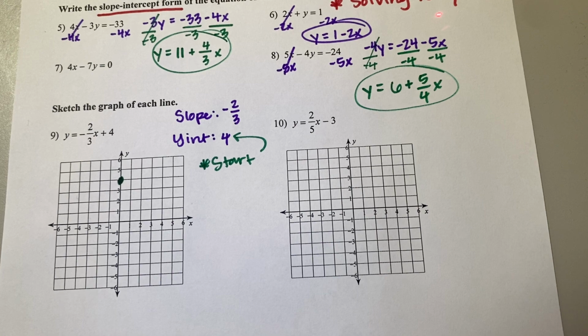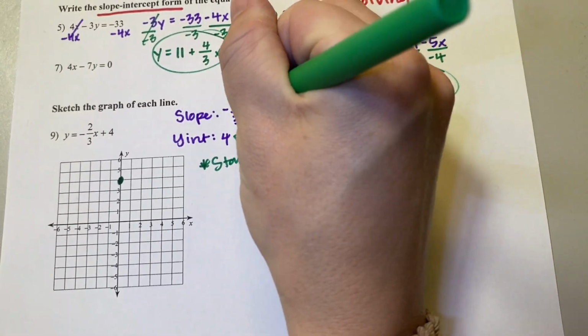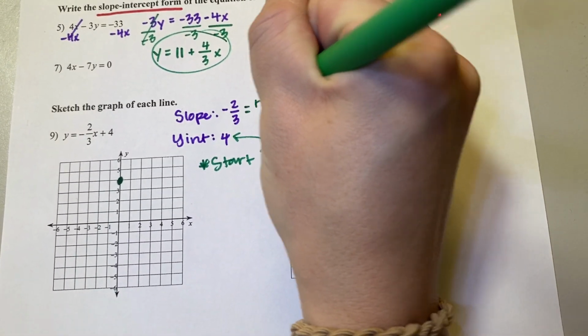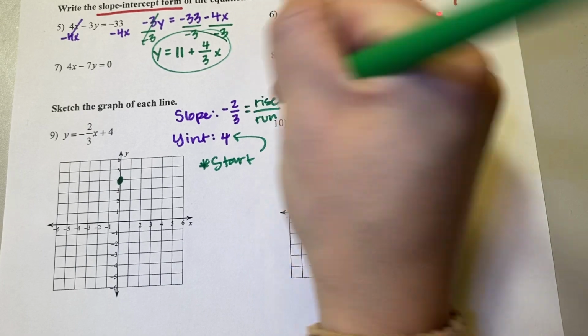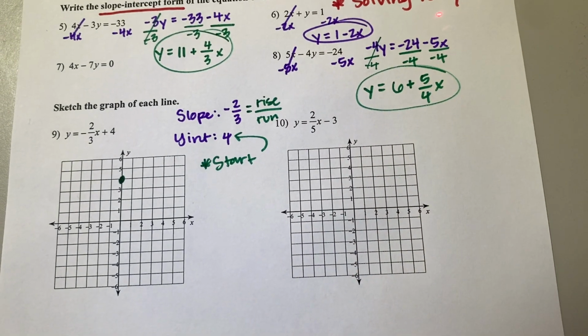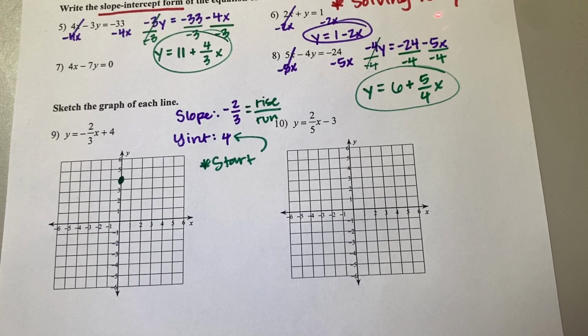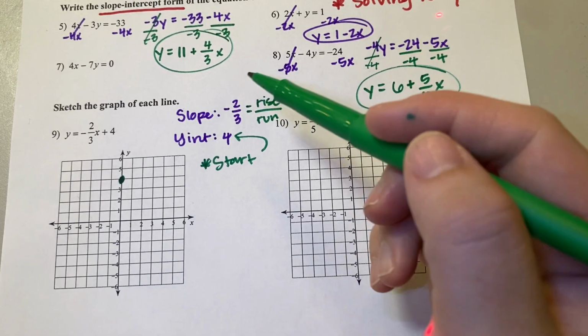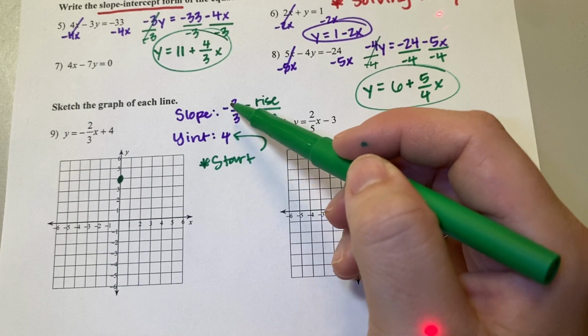Now, how in the world do we use the slope to count to our next point? Who remembers those 2 little words? They start with R's. Something over something. Isaac? Oh, so good. I'm such a good teacher. Look at you guys. Rise over run. Okay, so that's how we're going to use that fraction to count to our next point. Let's just say that's a negative 2, right?